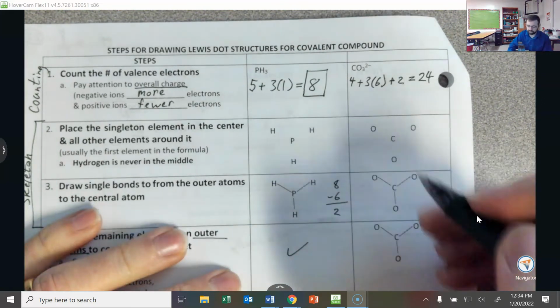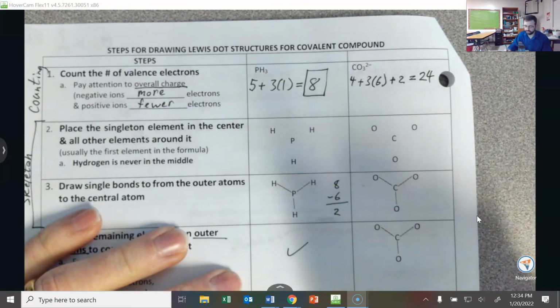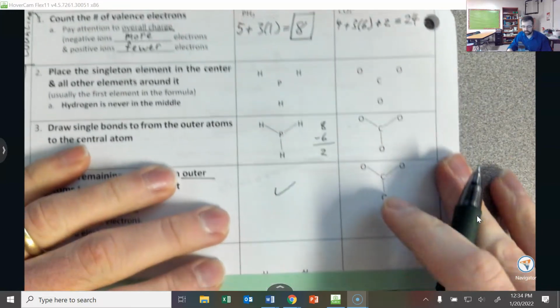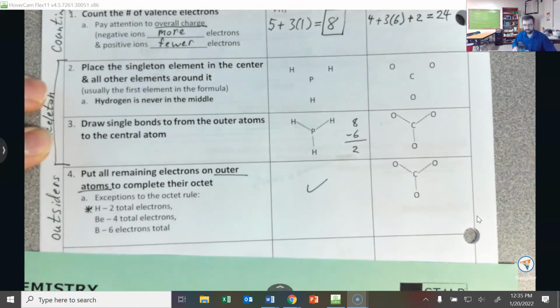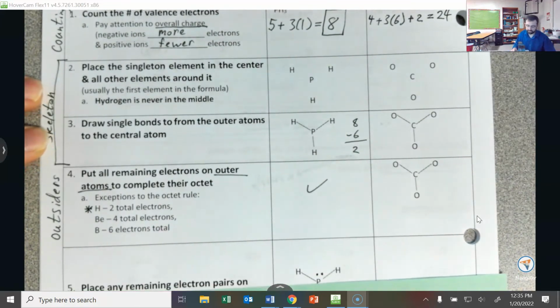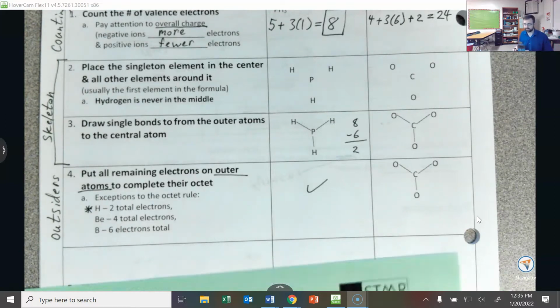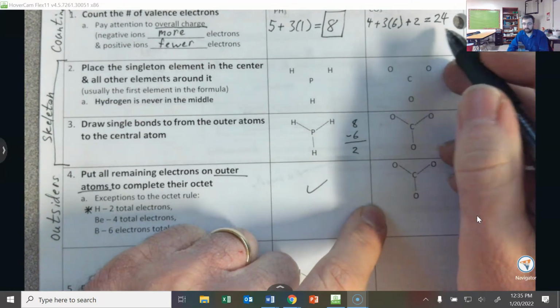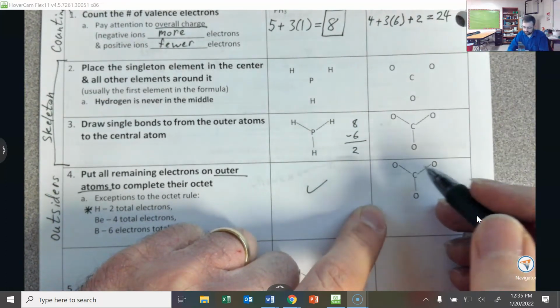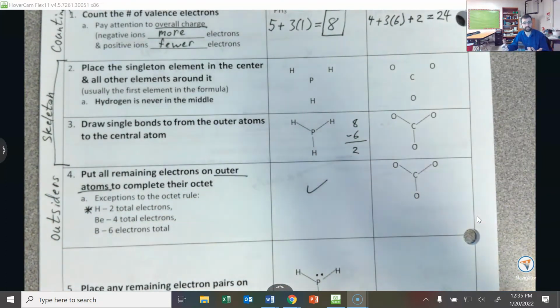Again, we draw carbon in the middle, 3 oxygens around the outside, and connect them with a single bond. That's our skeleton. After the skeleton step, we want to put all the remaining electrons on outer atoms to complete their octet. I have 24 electrons to work with, and I've only used 2, 4, 6, so that means I can keep going.